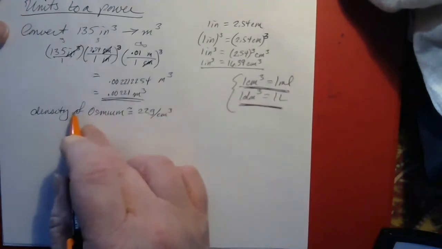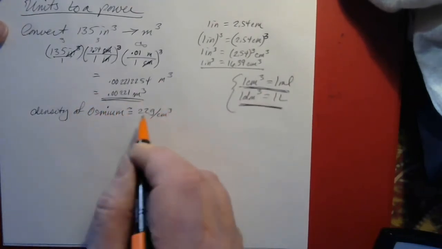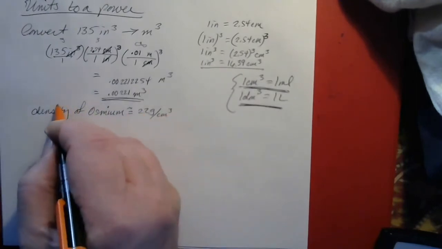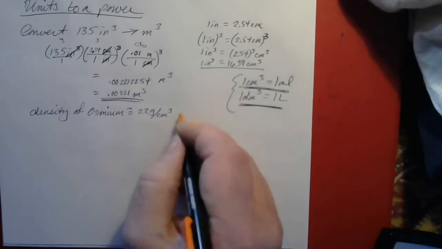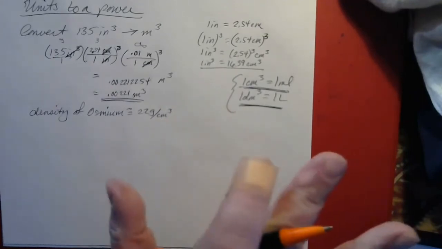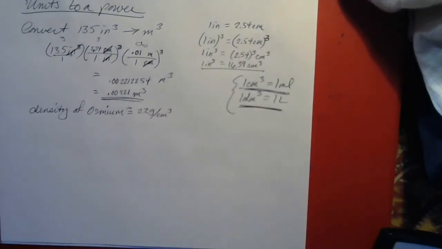Anyway, the densest of all the chemical elements is called osmium. It's a very, very heavy metal, has a density that's about 22 grams per cubic centimeter. That's, for reference, almost twice as dense as lead. And you know how heavy lead is.